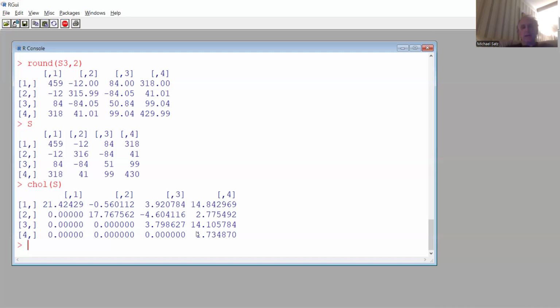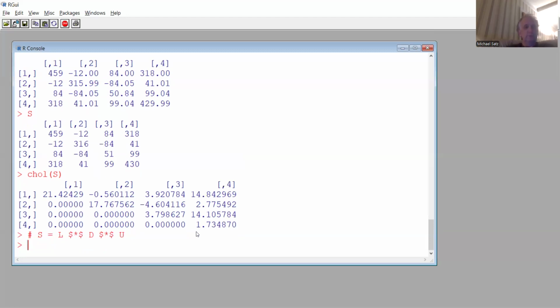So what is the Cholesky matrix of S? Well, I can take S and do an LDU decomposition. Let's just write it as a comment here, hashtag for comments in R: LDU equals S. Because it's symmetric, this is L transpose here.